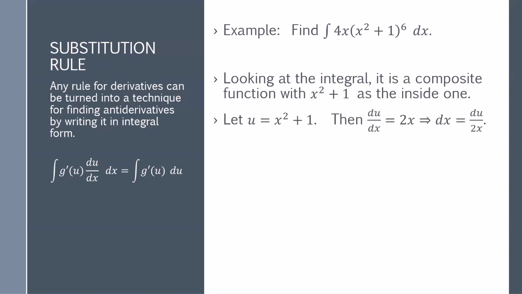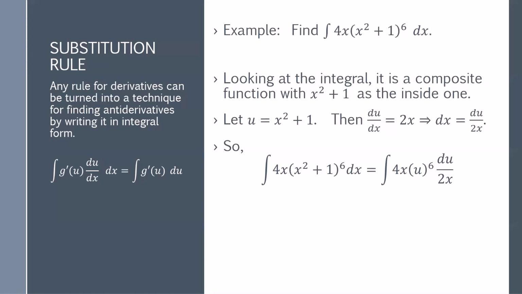So we'll let u equal x squared plus 1. That means that du/dx is equal to 2x. It also means that dx is equal to du divided by 2x. If we plug those in, we get the integral of 4x times (x squared plus 1) to the power of 6 dx is equal to 4x u to the power of 6 du over 2x.